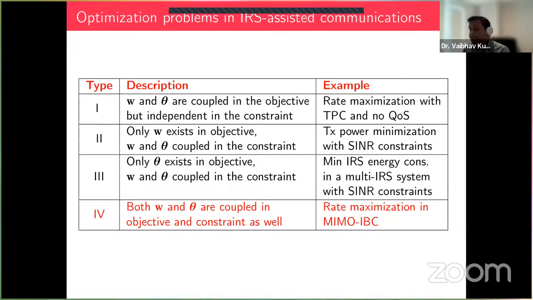But the problem is that since there is a coupling between them, even when we are talking about local optimality, we are not guaranteed that we will hit the local optima. If I fix one set of optimization variables and in a particular iteration only try to optimize the other set, it is hard to prove that we hit the local optima.